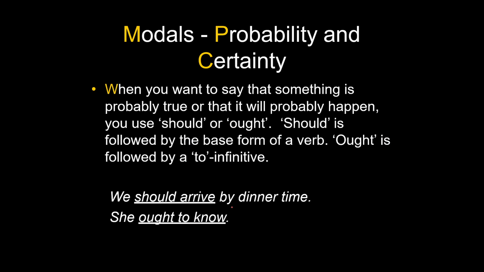Okay, so now starting further discussion, when we want to say that something is probably true or that it will probably happen, we use should or ought. So we use should, and should is followed by the base form of the verb. After should, the base form of the verb must be there.